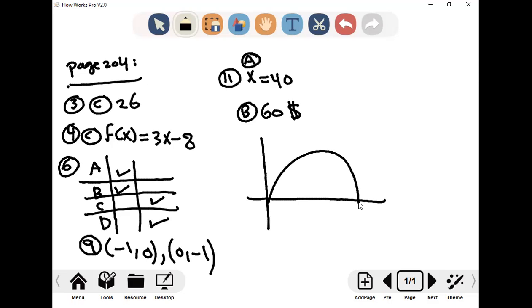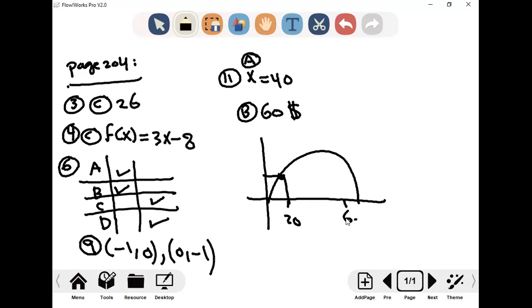Now the question says, if you solve for 20, what is the same value if you solve for another value? Look here.